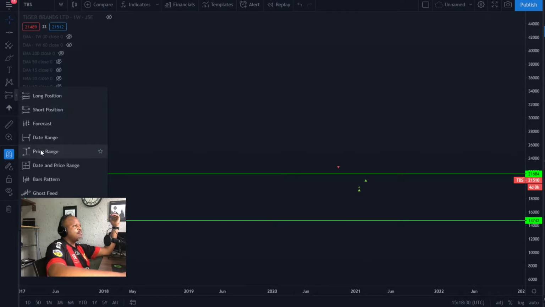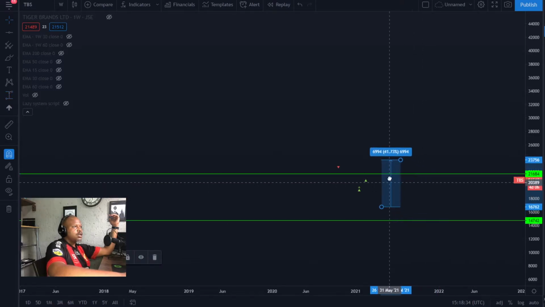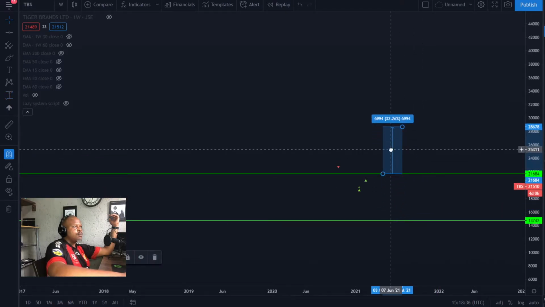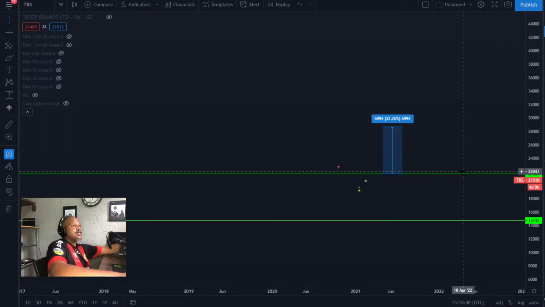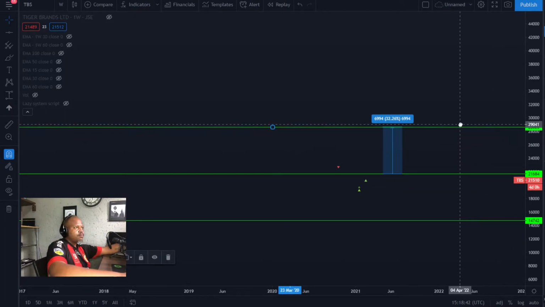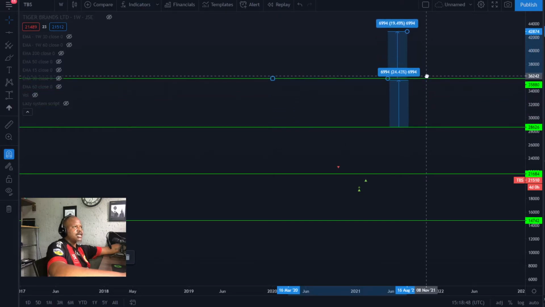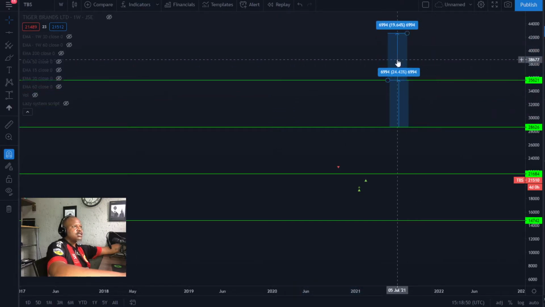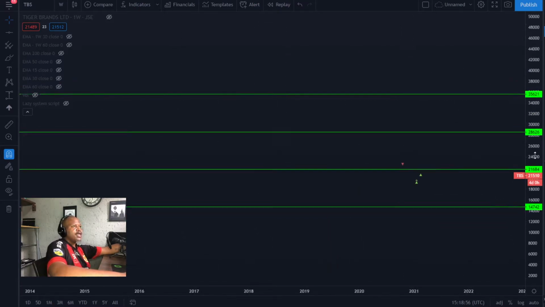I will then pick up my price range tool and place it on top of the resistance line. That's where the next box would be, and then I'll just stack these boxes, or these ranges, whichever term you prefer, on top of each other like this.